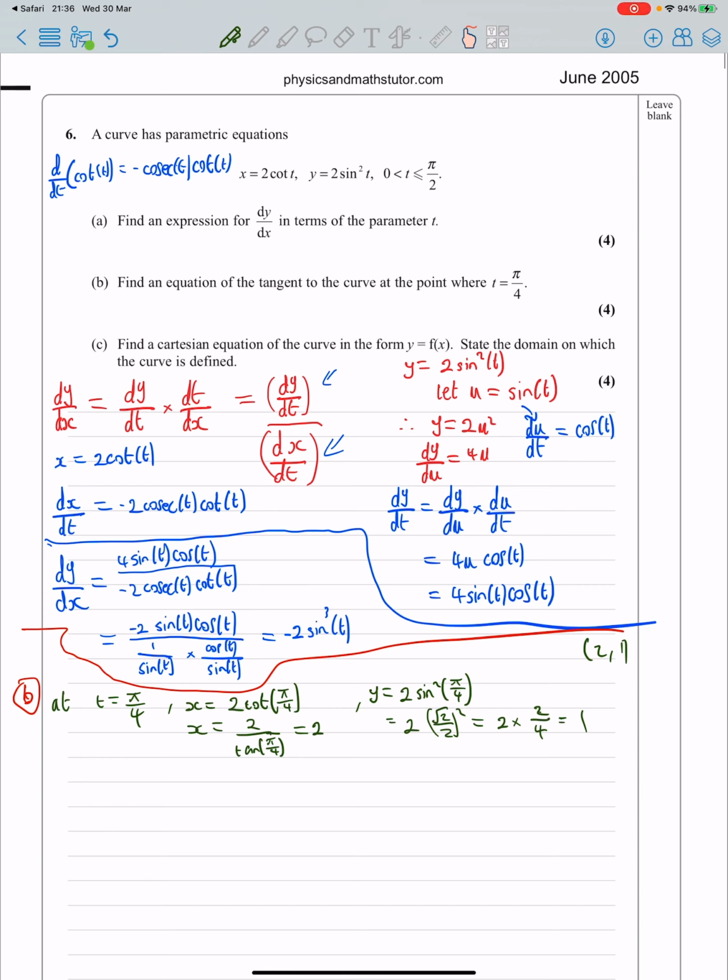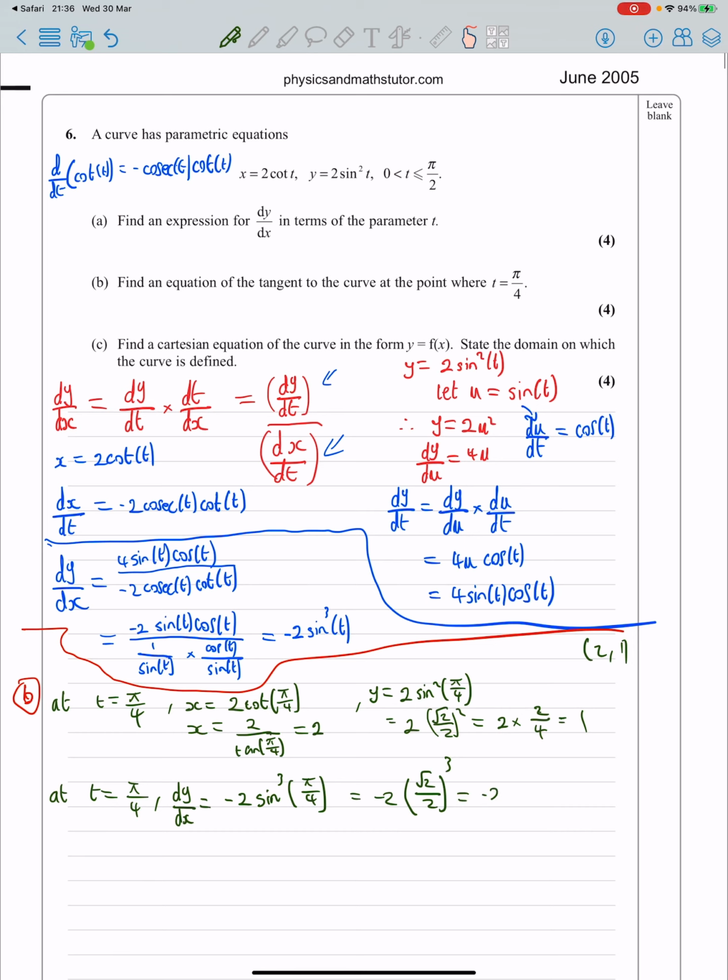We've got our expression for dy dx, so we need to know the gradient. So at t equals pi over 4, dy dx is equal to minus 2 sine cubed of pi over 4. So that's going to be minus 2 multiplied by sine of pi over 4, which is root 2 over 2, cubed.